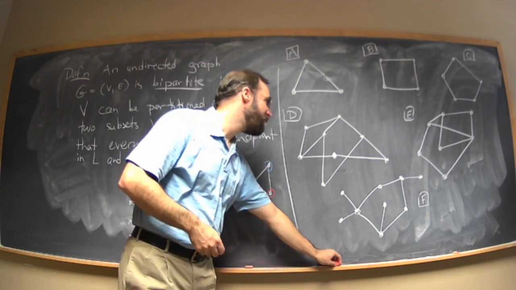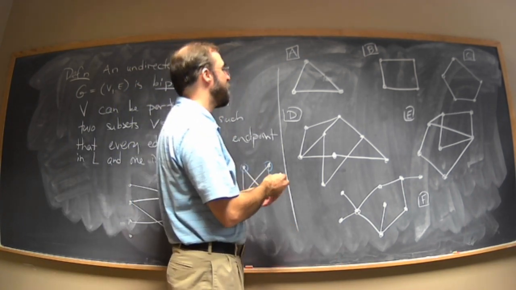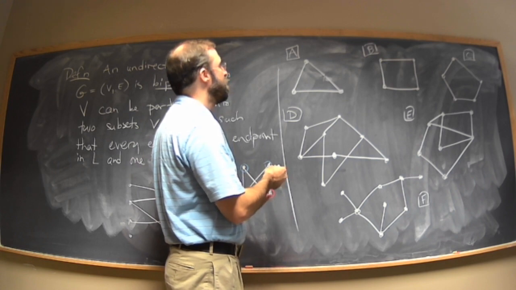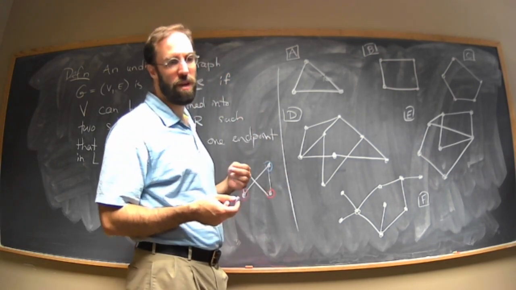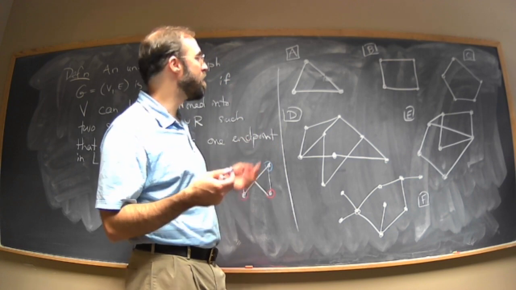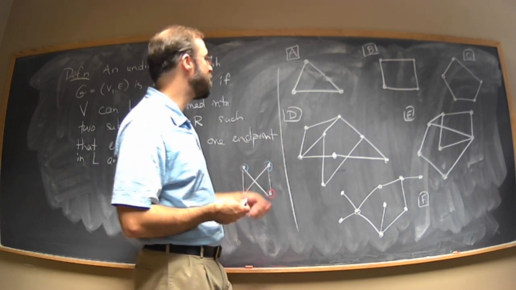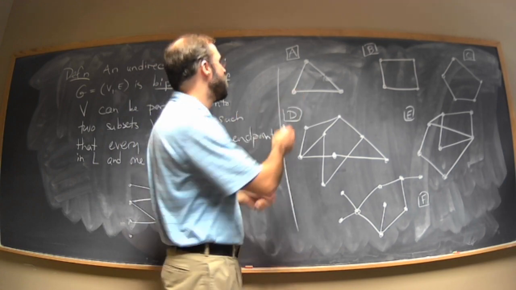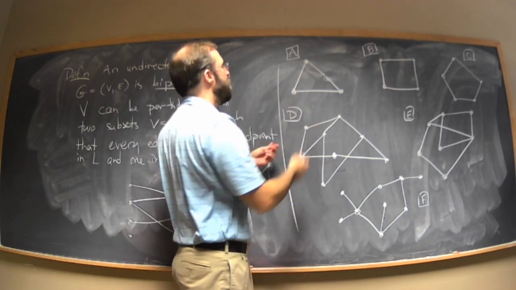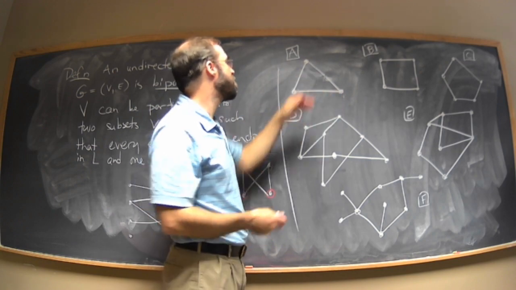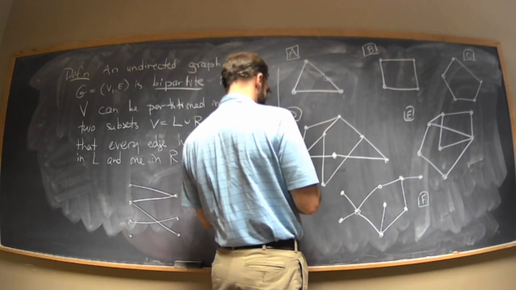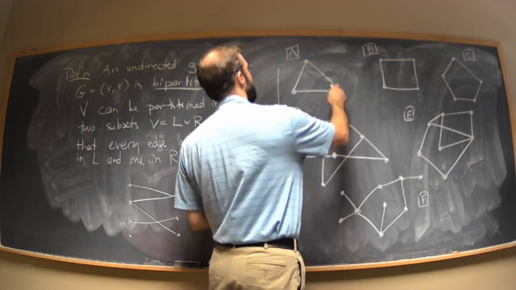So there have to be two in the same set, left or right, or two of the same color, and they're always going to be next to each other. So if I make this blue and this red, maybe, but then I'm stuck. No matter what color I give this, it's going to have the same color as either this one or this one. Okay, so this is not bipartite.